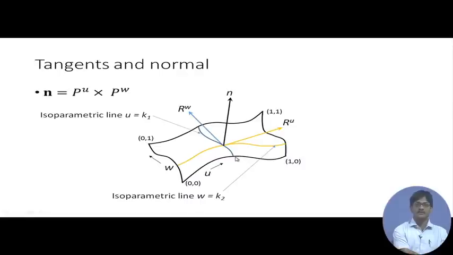In the same manner, you can also have an isoparametric curve in the other direction where u is made a constant, starting from 0 here and ending up in 1 at this point.